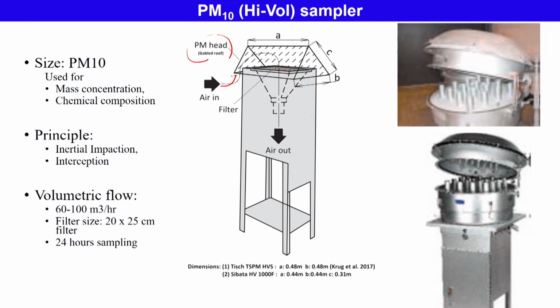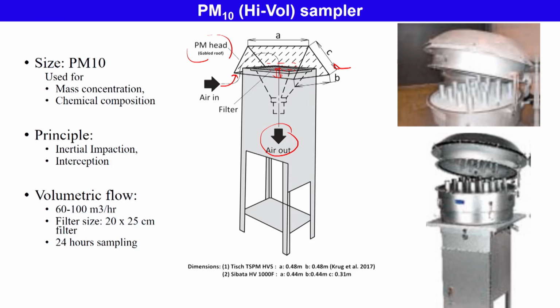Air is coming from all 4 directions, so 360 degree air is coming. Once the air passes through this filter, all the particles are deposited here, and only air with no particulate matter comes out. So this is how you actually do it.